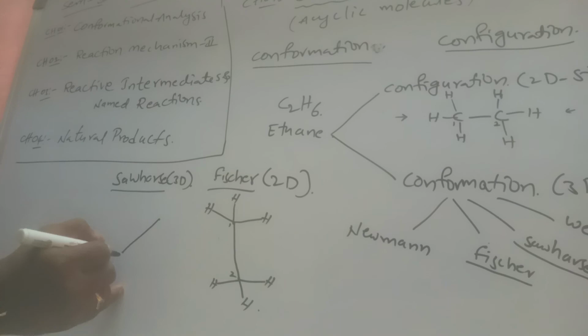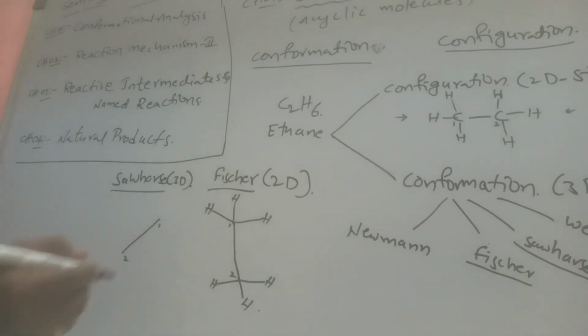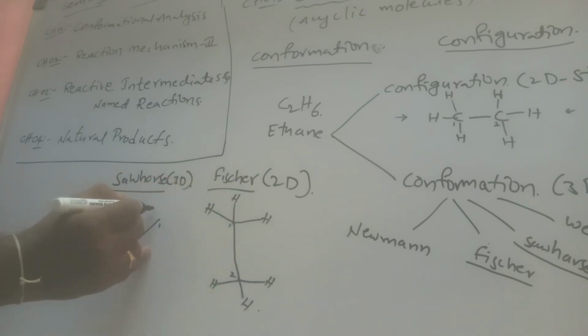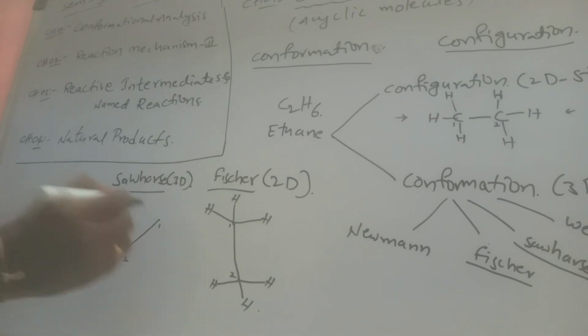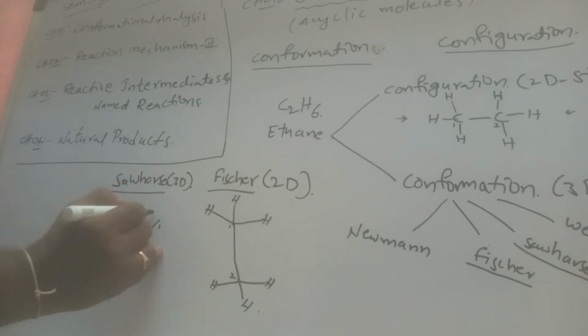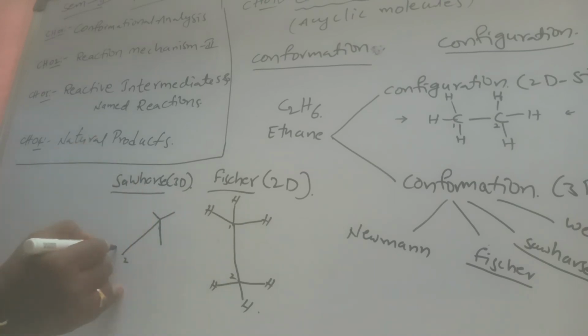This is the first carbon and this is the second carbon. The first carbon carries 3 hydrogens, and here also 3 hydrogens. The second carbon also has 3 hydrogens, and here also we write 3 hydrogens. But the way of writing in the Sawhorse formula is like a Y shape. So here 3 hydrogens.